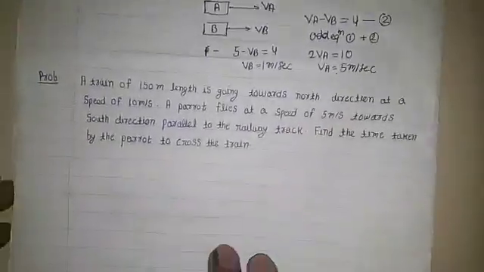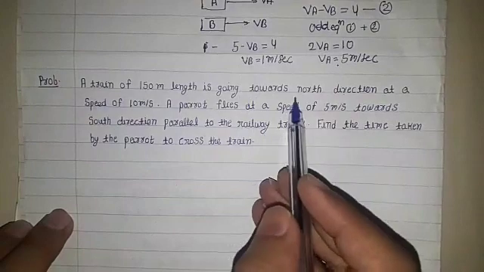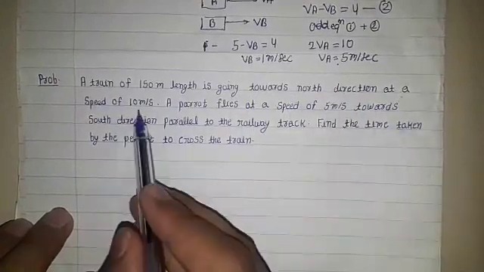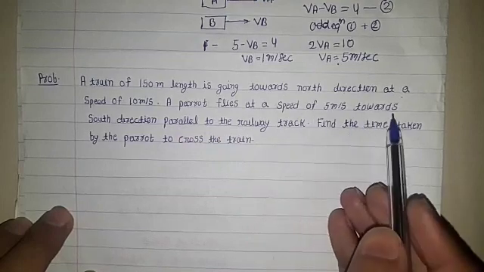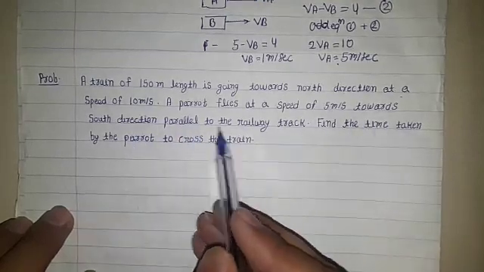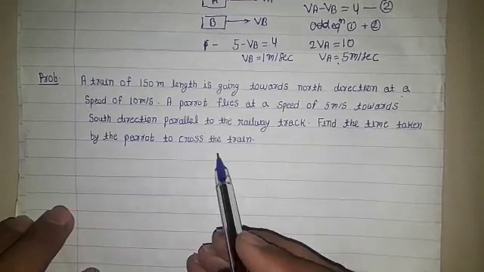Now the next problem. A train of 150 meter length is going towards the north direction at a speed of 10 meters per second. A parrot flies at a speed of 5 meters per second towards the south direction, parallel to the railway track. Find the time taken by the parrot to cross the train.